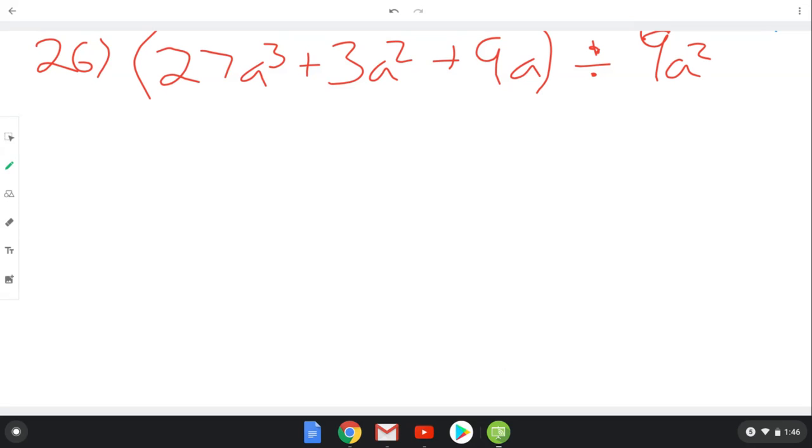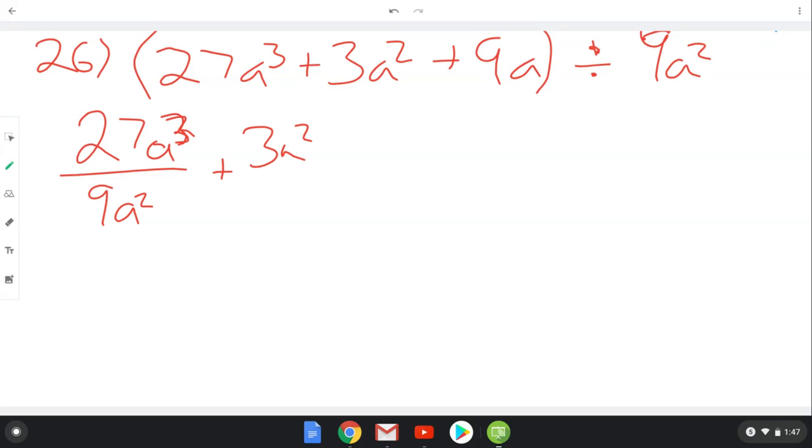All right, so again, we can just split it up and divide each term by 9a squared. So let's do that. So we have 27a cubed over 9a squared plus 3a squared over 9a squared plus 9a over 9a squared.